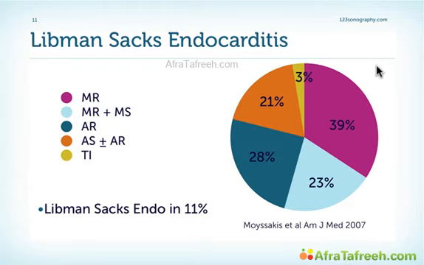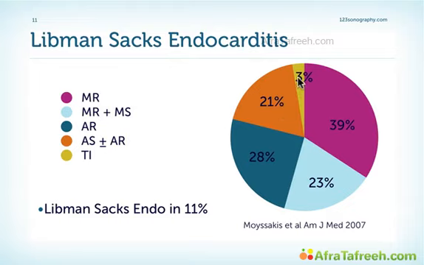The valve which is usually affected is the mitral valve, causing mitral regurgitation, sometimes also in combination with mild forms of mitral stenosis. The aortic valve is much less commonly affected. Again, usually we have aortic regurgitation and sometimes mild degrees of aortic stenosis combined with aortic regurgitation.